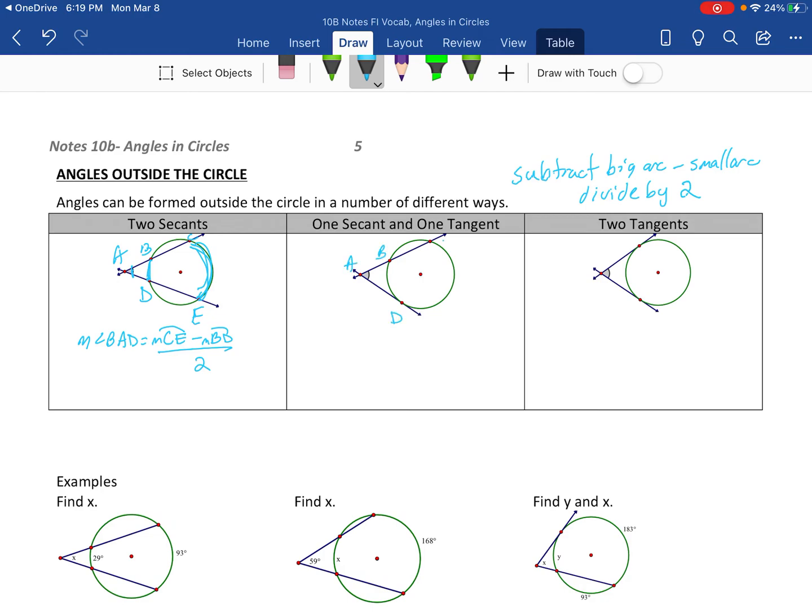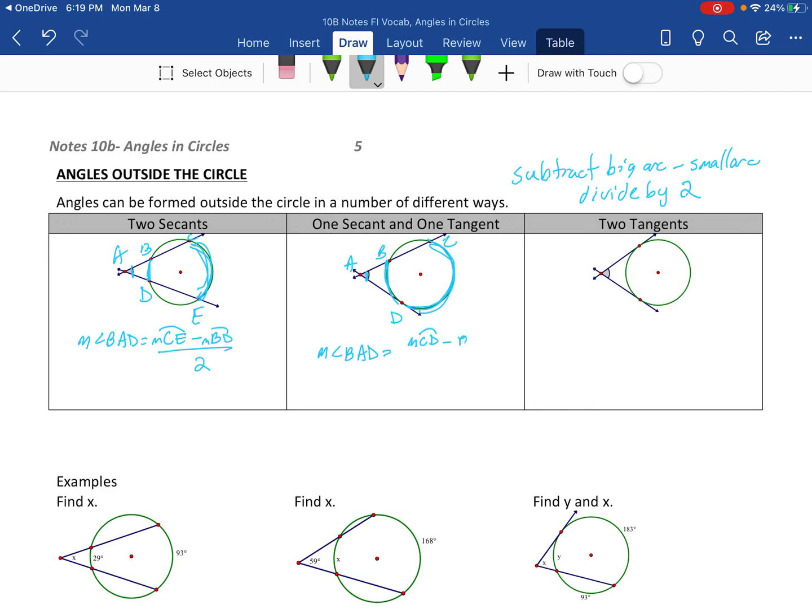For this one, this is going to be BAD. This is going to be C. Same thing here. I'm talking about these arcs right here and this angle. The measure of arc BAD is still going to be the outer, the bigger arc, so we're going to call that CD.